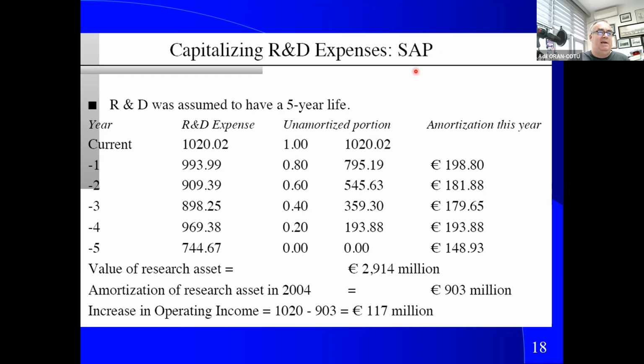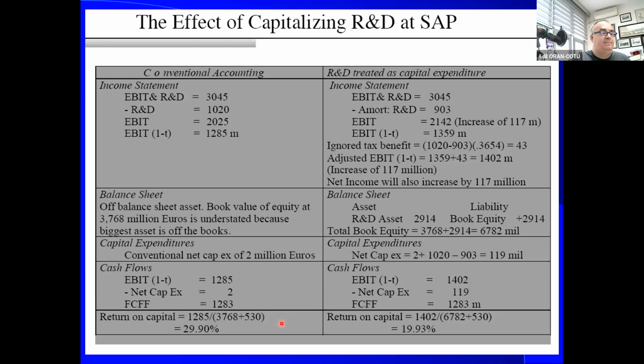So SAP actually has almost 3 billion worth of R&D assets that it should have in its books. And then what is the adjustment coming from amortization? 903 million. So as opposed to 1,020, 903 would be the new expense. So 117 million euros is how much EBIT would be higher if R&D was allowed to be capitalized. And then the calculations for it as well.